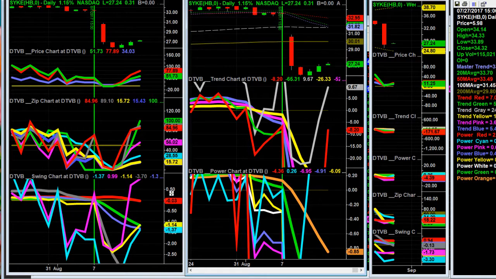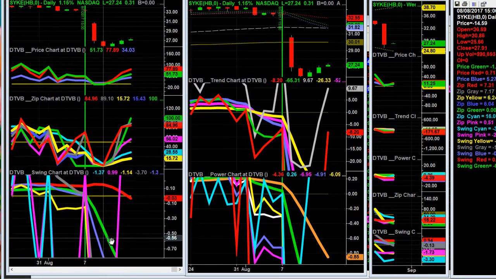Now, over in the swing chart, we have pink that stuck its nose out up above. You have power blue that's under green already, and it went under green way back about 3 days before the vertical green line. So that's the start of a downtrend. You can see that the zip Zion has been continually going down, and the price has been pretty much the same, and then all of a sudden it just crashes.